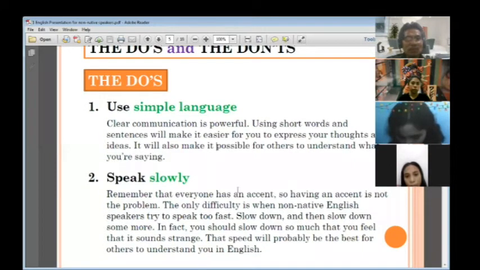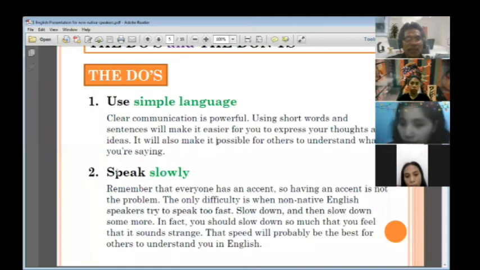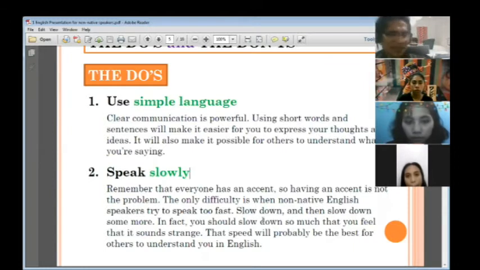And then number 2, speak slowly. Don't speak too fast, even though your speaking is excellent. Your speaking is very good, but look, the participants of an international conference are not all from English-speaking countries.